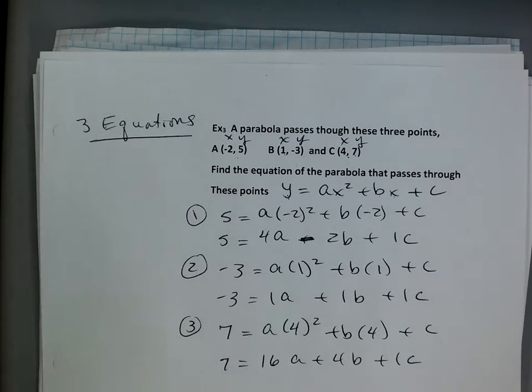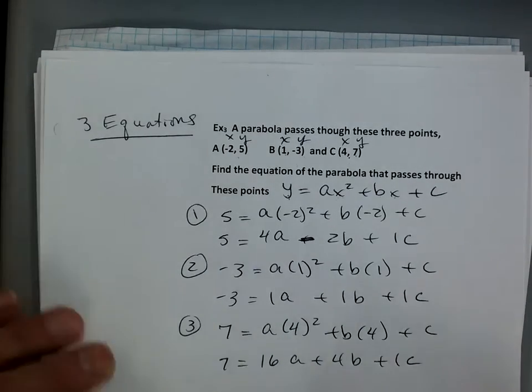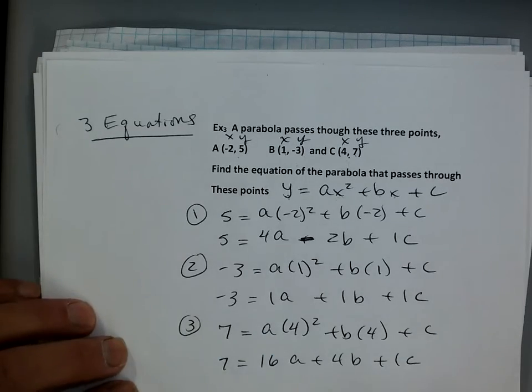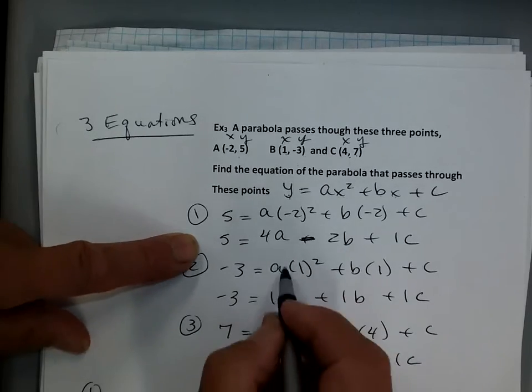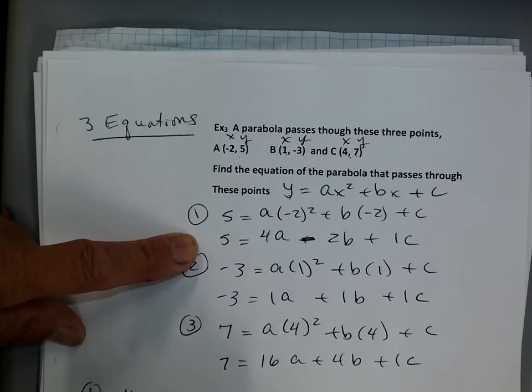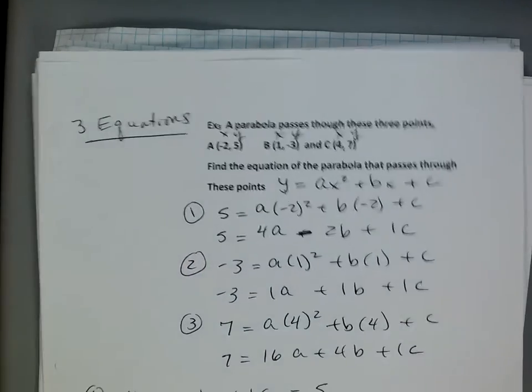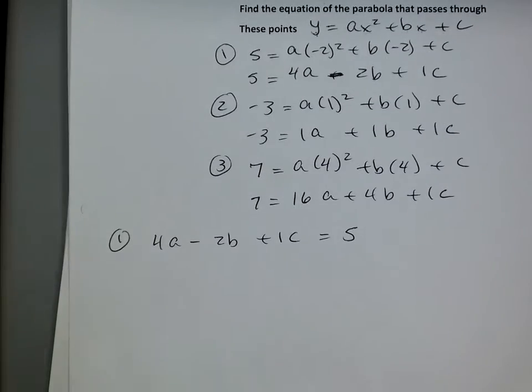All right, here's what I have. Let me rewrite my 3 equations. To start off with, equation 1, I'm going to rewrite it the other way: 4a minus 2b plus 1c equals 5. I'm just going to rewrite equation 1.